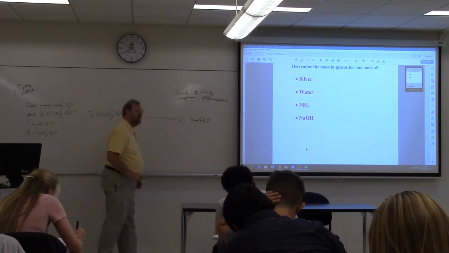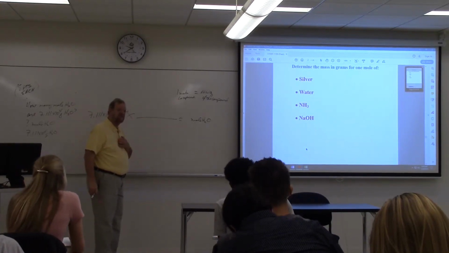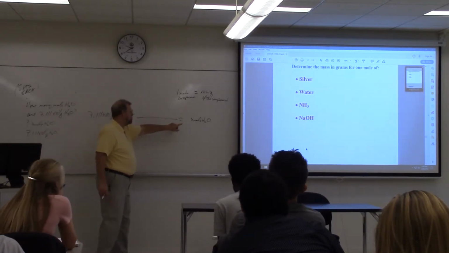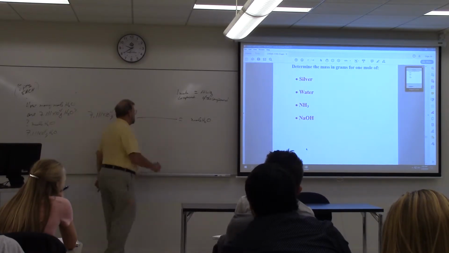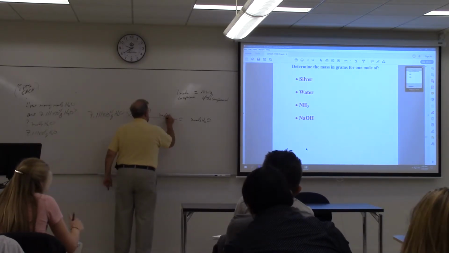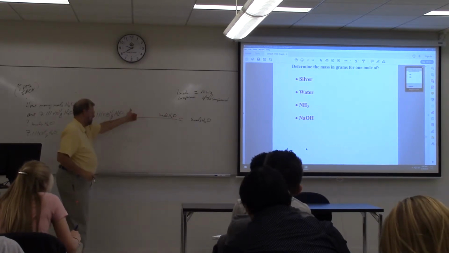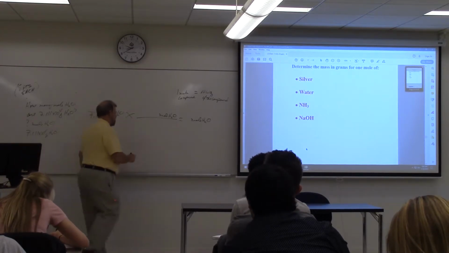And now, I use my good buddy, and soon to be your good buddy, unit analysis. Watch closely. Whatever units you want to get to goes on top of the ratio. Whatever units you want to get rid of goes underneath.